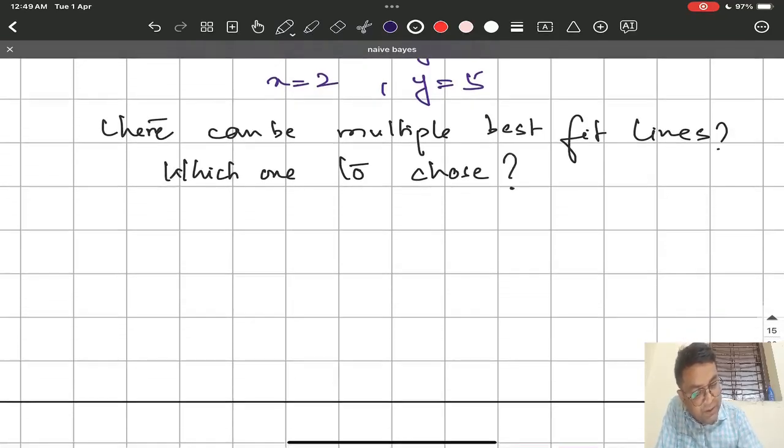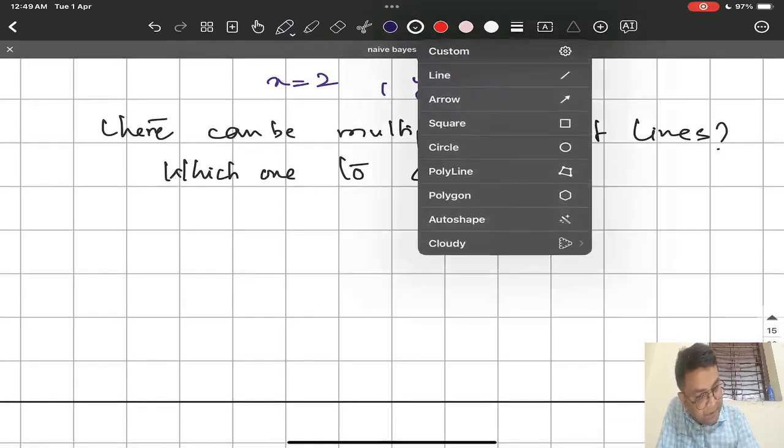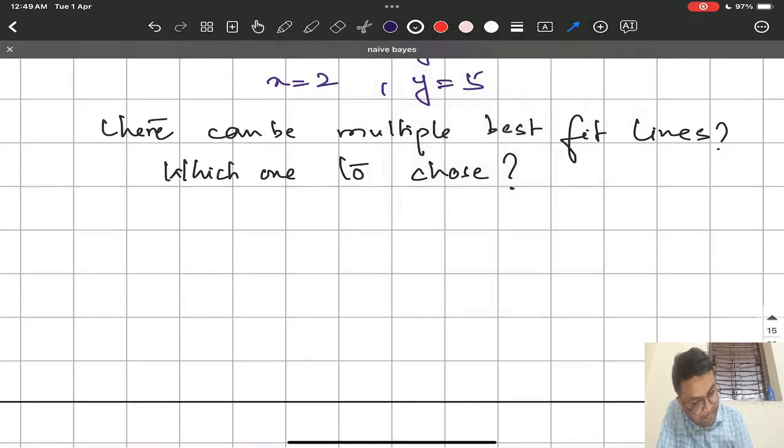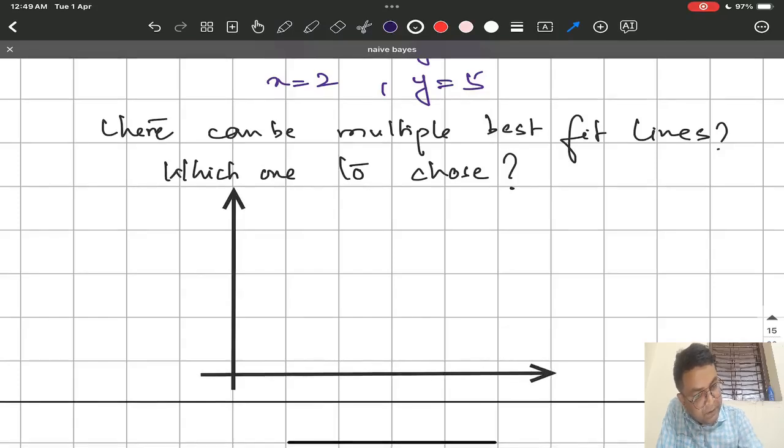First let me draw the graph again. Suppose these are the points.